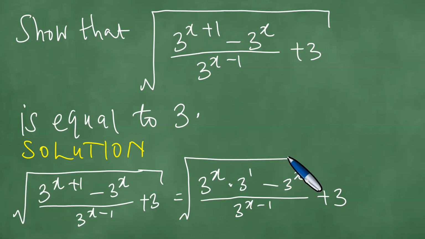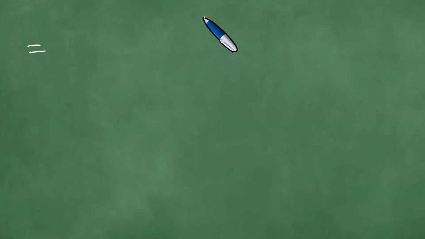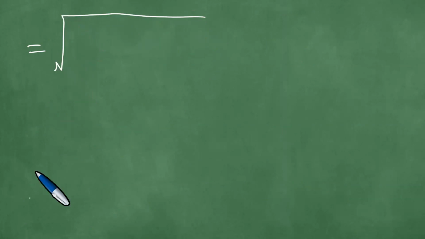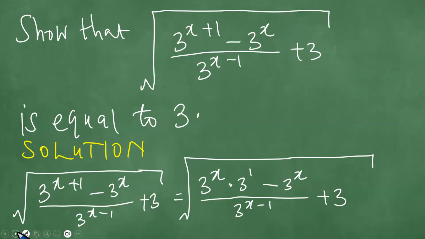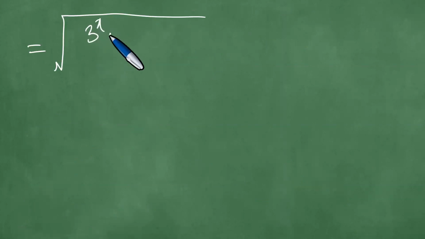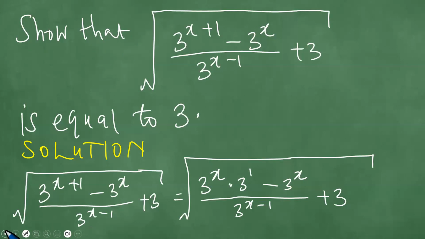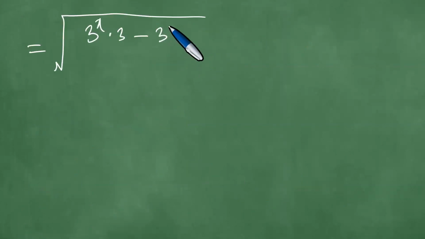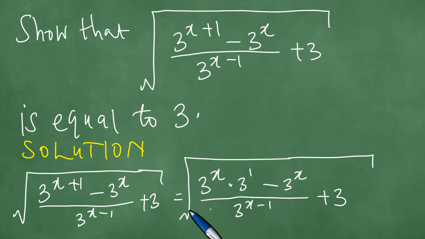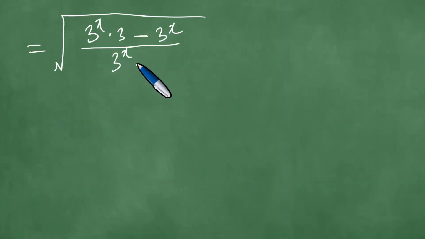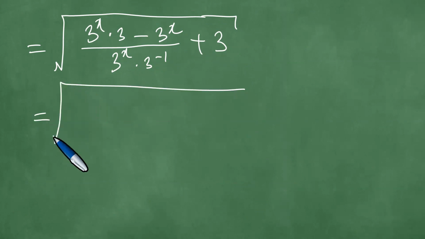So you have 3 to the power x times 3 minus 3 to the power x, divided by, in the denominator, 3 to the power x minus 1, but you can write it as 3 to the power x times 3 to the power minus 1, plus 3.